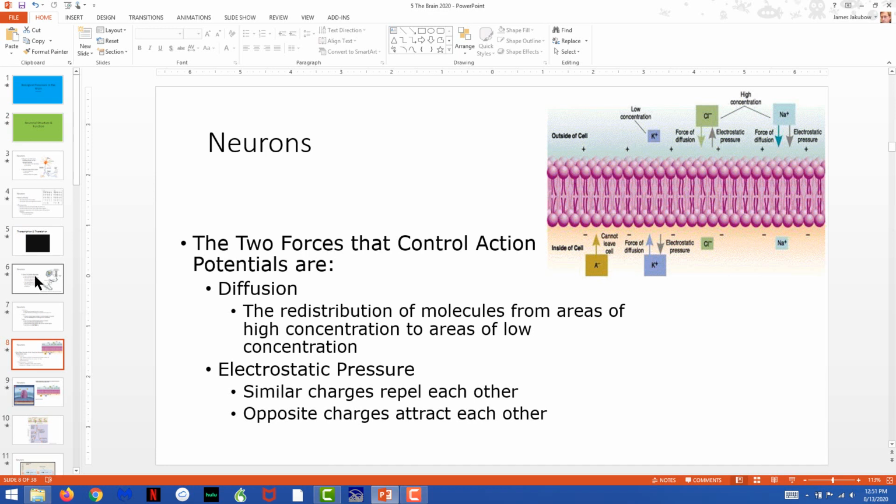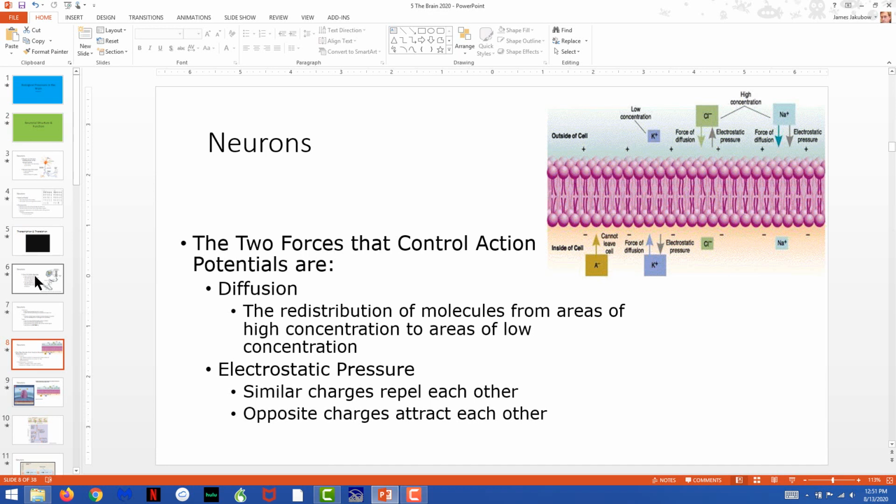So in this case, when you look at this particular image, with the inside of the cell being negative, the positively charged sodium on the outside of the cell is going to want to come in, because positively charged sodium on the outside is going to be attracted to the negatively charged inside of the cell.